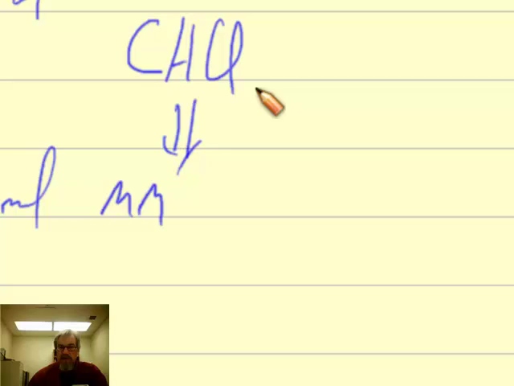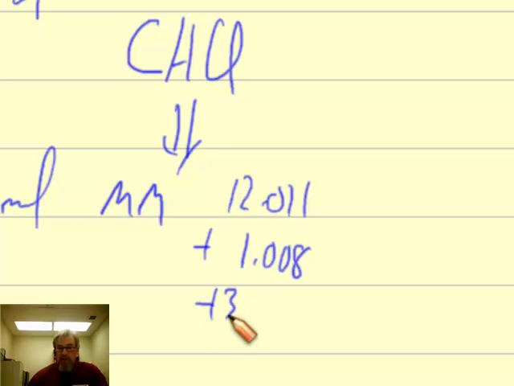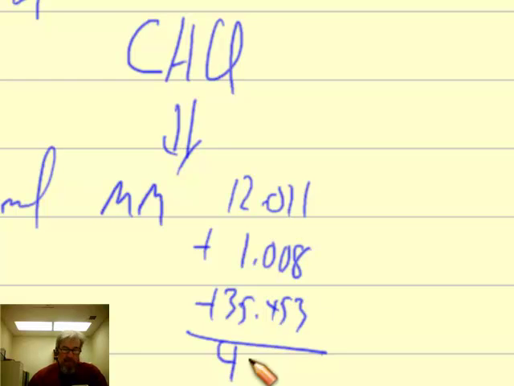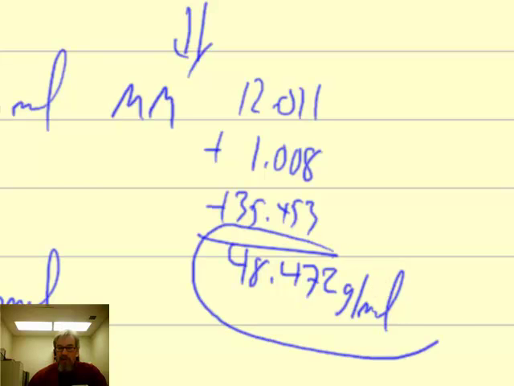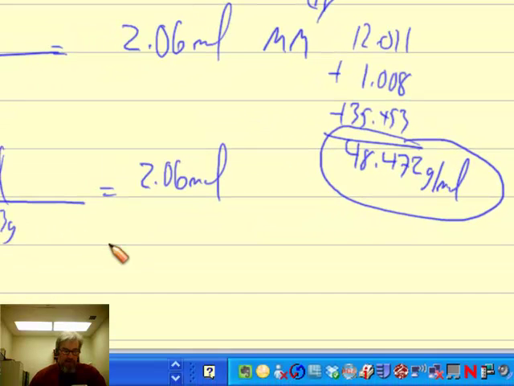What's the molar mass of that? Well, the molar mass of CHCl is going to be the molar mass of carbon, 12.011, plus that of hydrogen, 1.008, plus that of chlorine, which is 35.453. When we sum this all up, we come up with 48.472 grams per mole. That's the molar mass of our empirical formula. But the problem told us that the actual molar mass is 290 grams per mole.